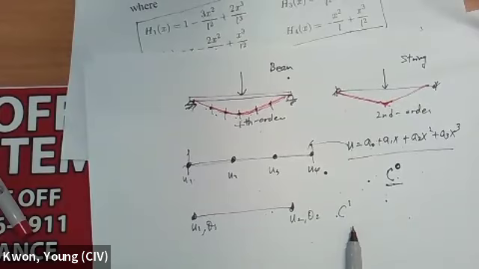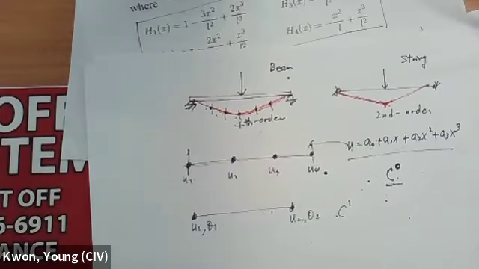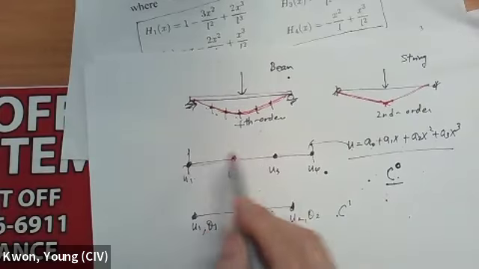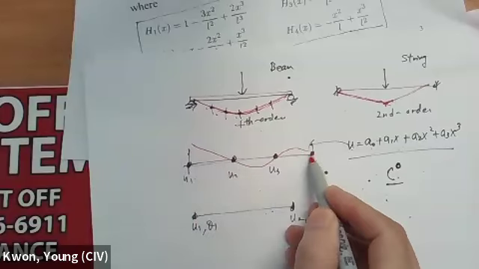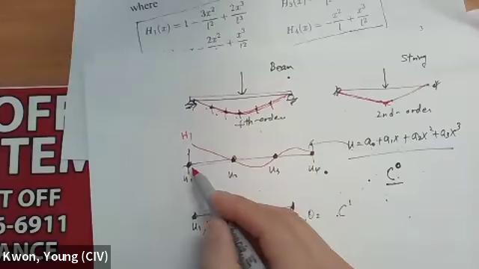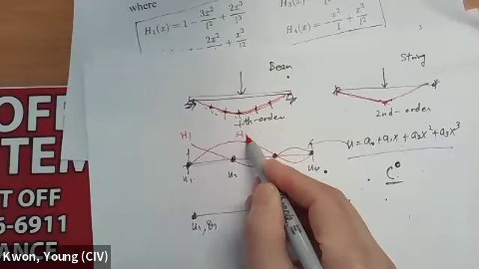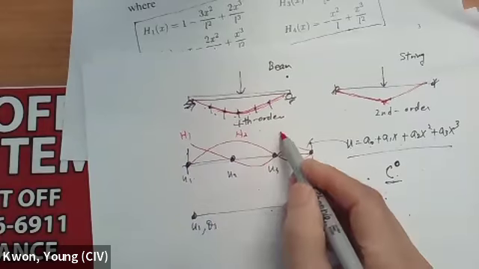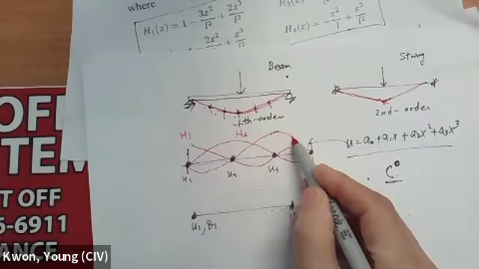That is how this is different from C0. For example, in here, if you remember, we talked about that H1 is going to be like this. This is H1. And H2 is going to be like this. H3 is going to be like this.